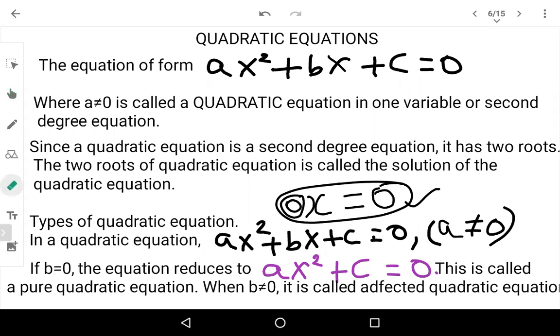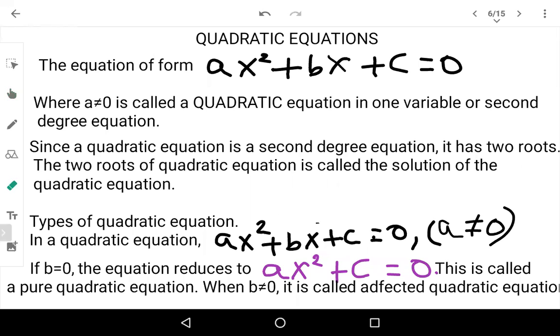Okay, so two types of equation: pure quadratic equation and adfected quadratic equation. Pure quadratic equation is when b is equal to 0, and adfected quadratic equation is when b is not equal to 0.